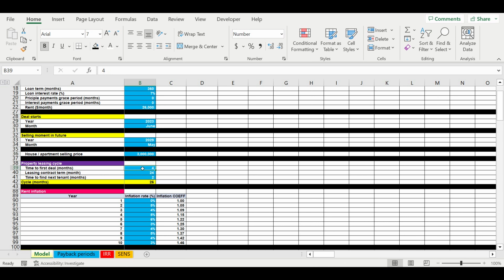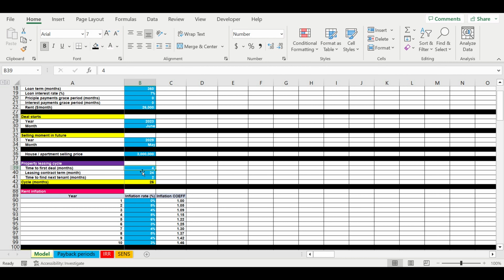First of all, we need to specify the time to the first deal, because during this time we will be already paying the mortgage and we may have some other costs, but we won't have the revenues.